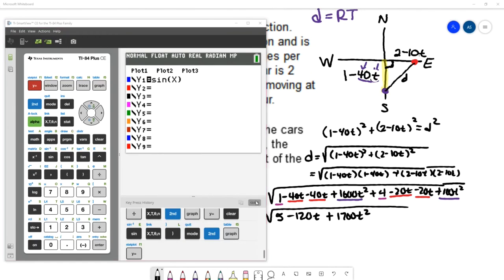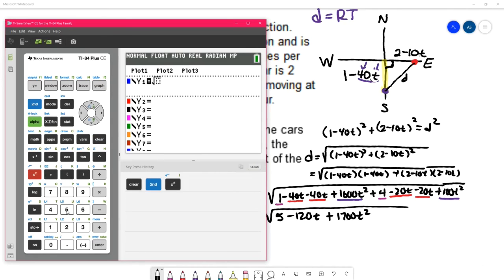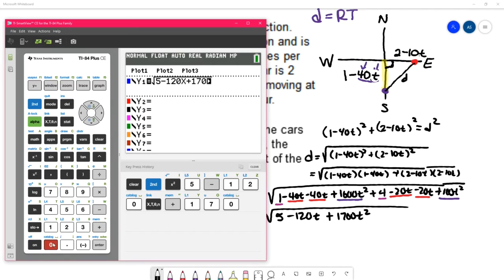And let me clear out these buttons here so you can follow along. So in my y equals menu, I'm going to type our function. It is the square root of 5 minus 120x plus 1700x squared. And I'm going to take a look at the graph.